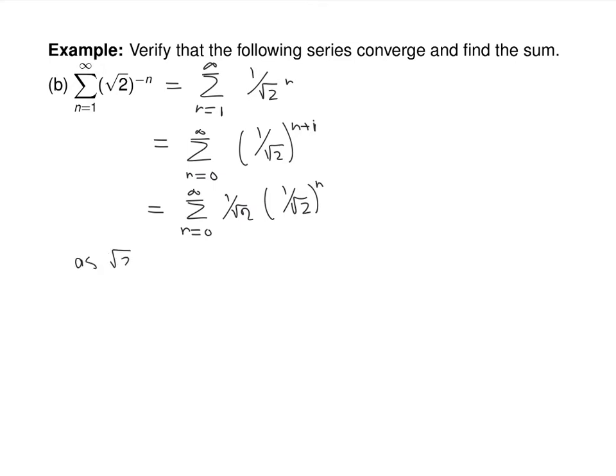Now as square root 2 is approximately 1.41, 1 over root 2 is going to be less than 1. And so thus this is a convergent geometric series.